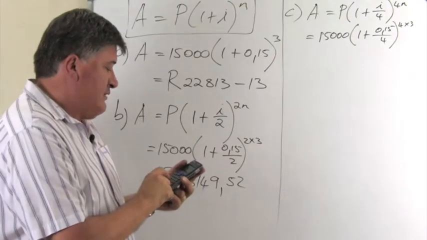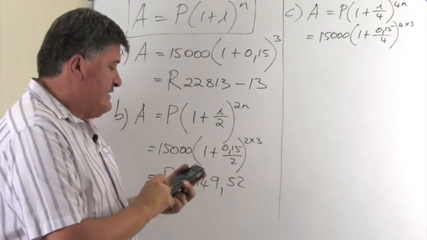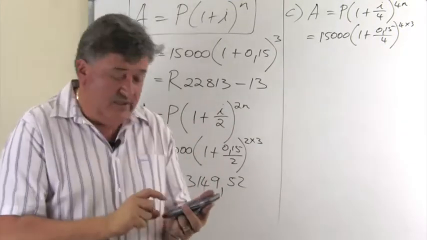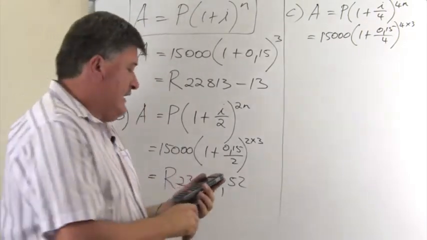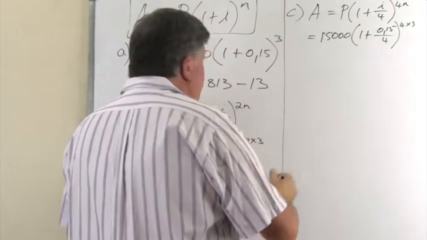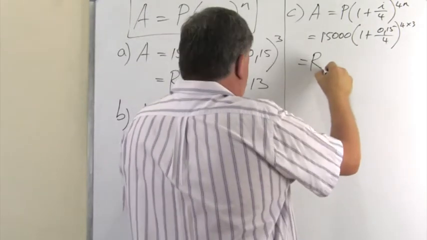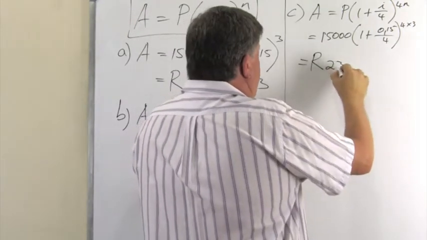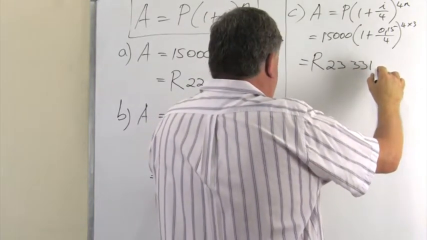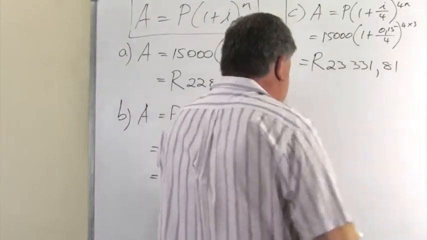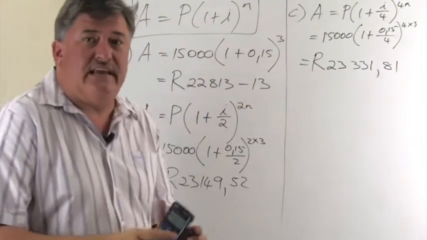And then we close the bracket, and then we raise it to the power of 4 times 3, which you all know is equal to 12. And the answer, as you can see on your calculator, I've got 23,331 Rand to 2 decimals. It will be 81 cents.